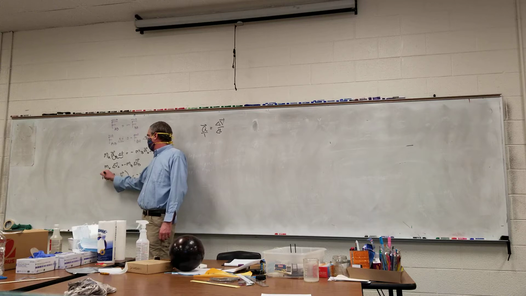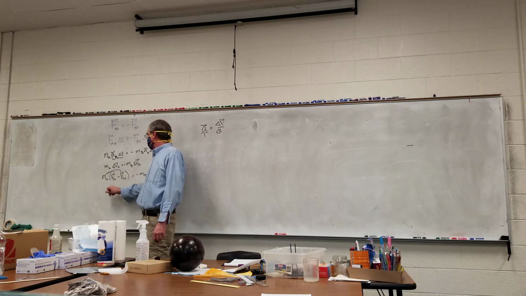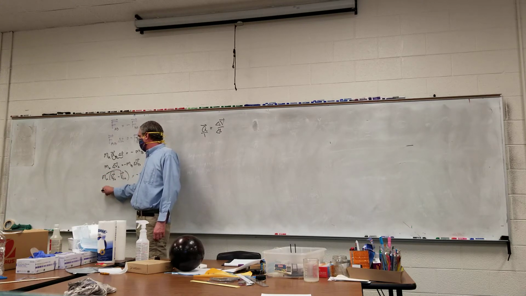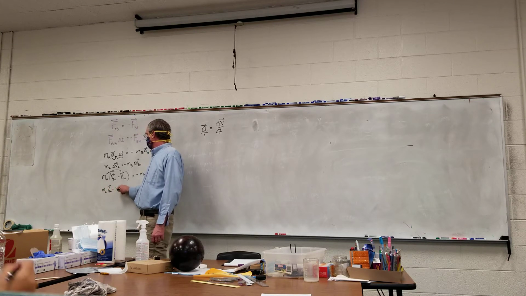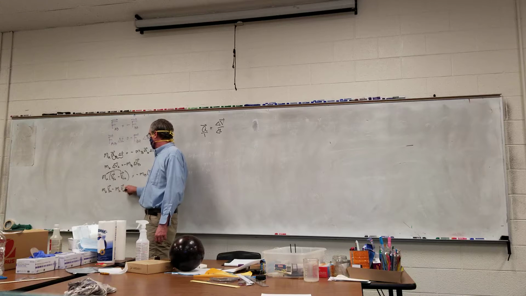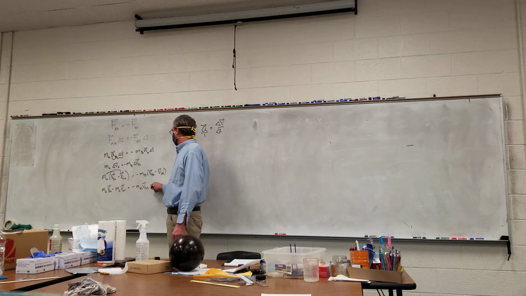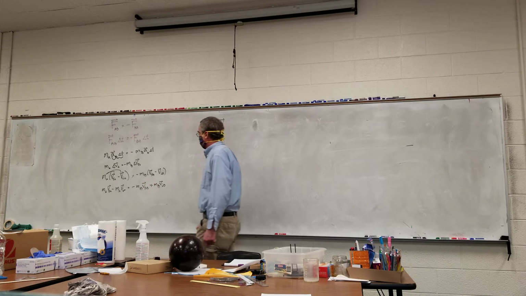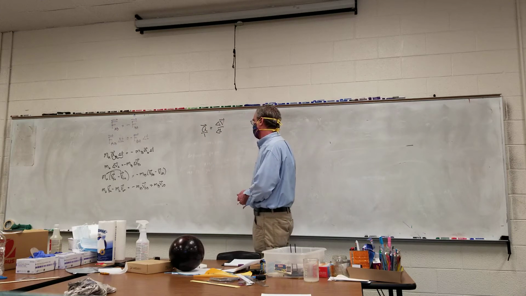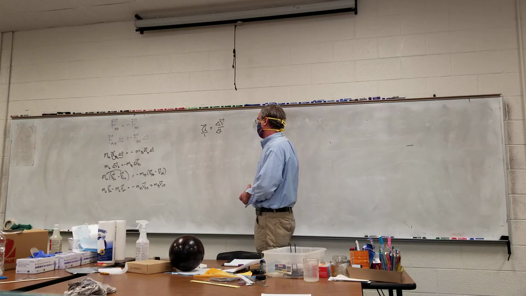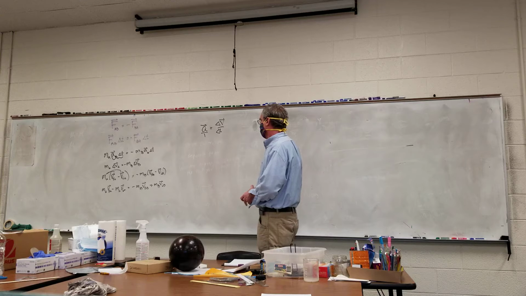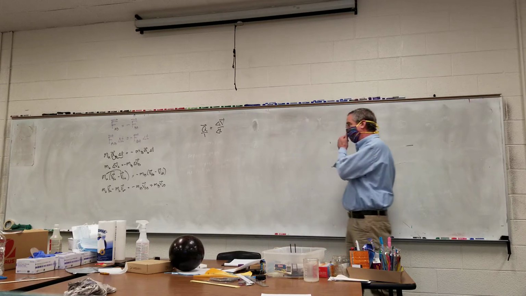So I'm going to go ahead and distribute. So I have the mass of A times the final velocity of A minus the mass of A times the initial velocity of A equals the negative mass of B times the final velocity of B plus the mass of B times the initial velocity of B. And then I make sure, or at least do a quick check, that my subscripts are looking good. I think they are.